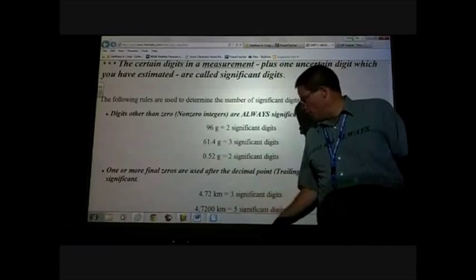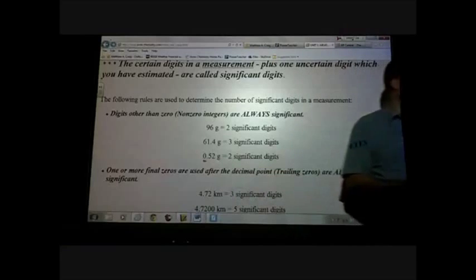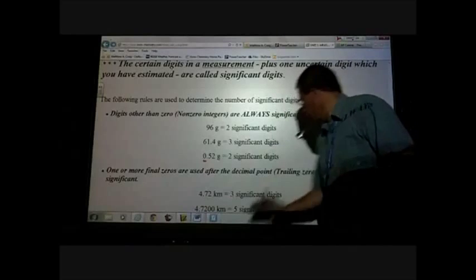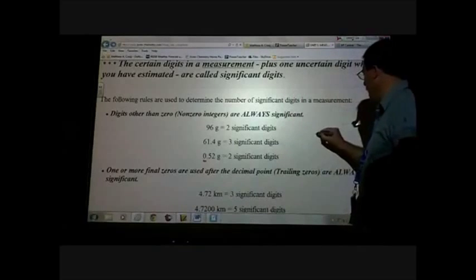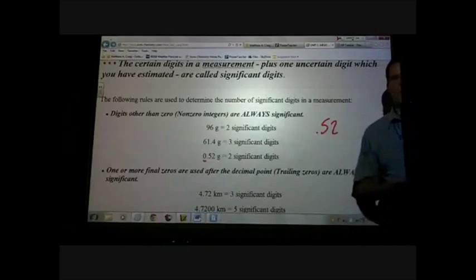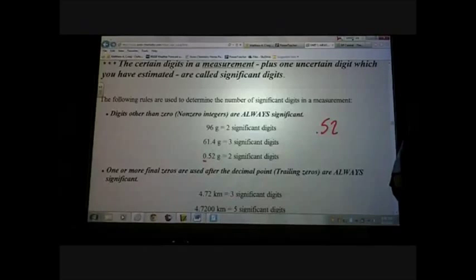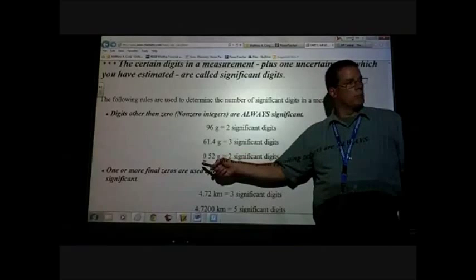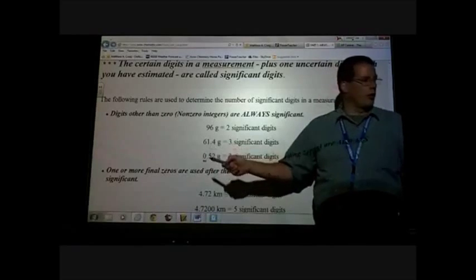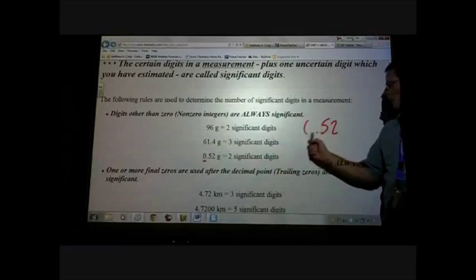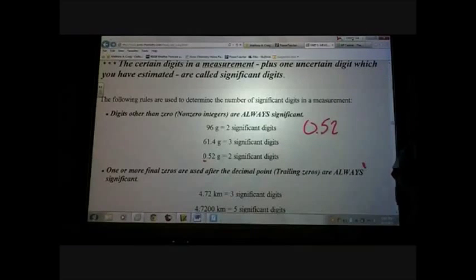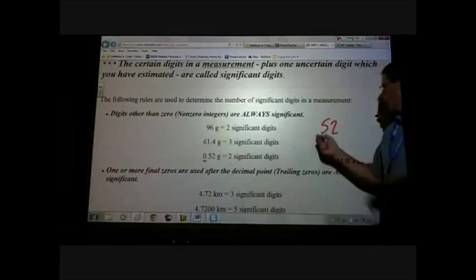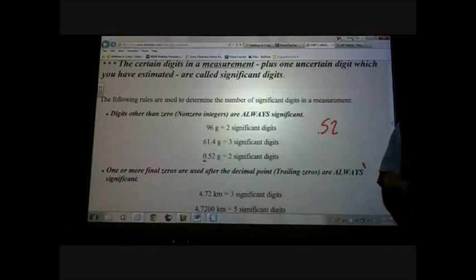However, that 0 in front of the 0.52, I'd be willing to bet that half of you would only write .52. And you know what? That's fine. This is just eye candy. It really has no significance. It's just there because I like it. Some of you like it, some of you don't. That's why you don't show it. So that 0 is not significant.